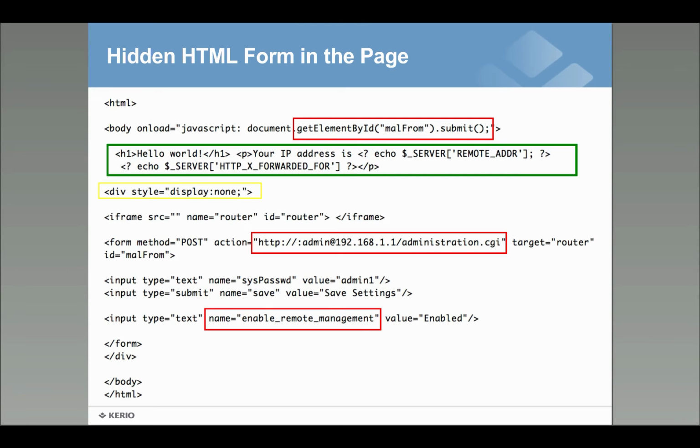Then there is a piece of JavaScript that executes the form sending. It submits the form to the iframe, which is in between, and it's also in the hidden part of the page. Executing the form into the iframe, which is hidden, causes no visible changes to the page.